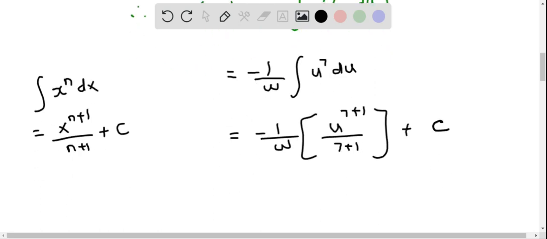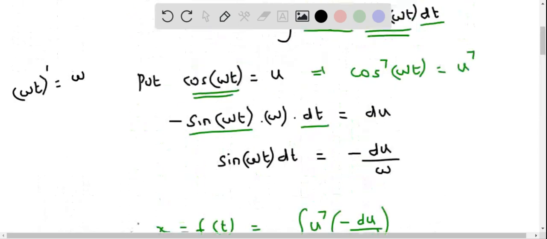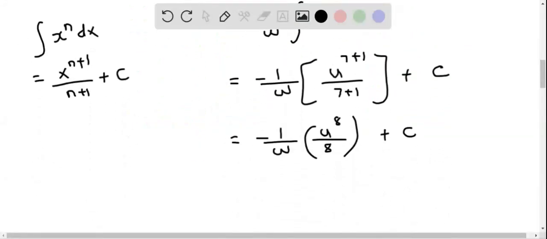Let's simplify this. This becomes negative 1 by omega times u power 8 divided by 8 plus the integration constant c. And since we know that u is cos omega t, we can replace for u here.